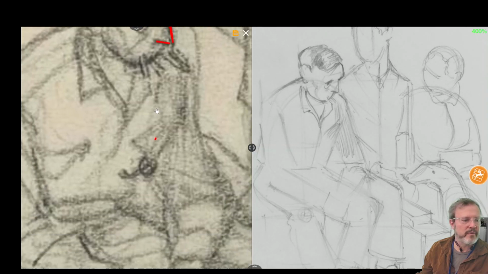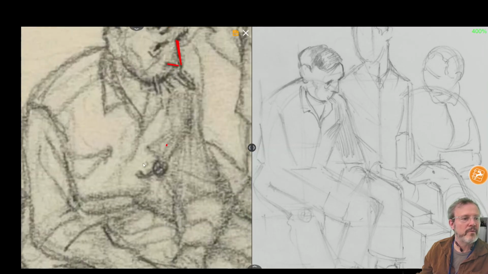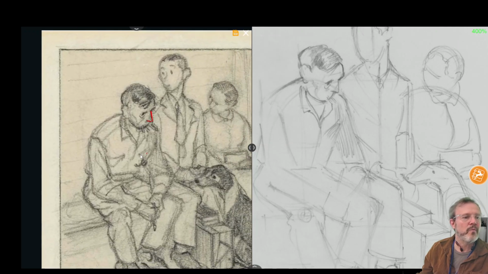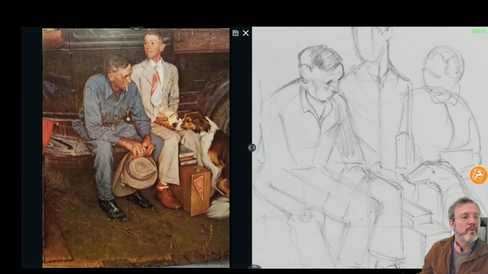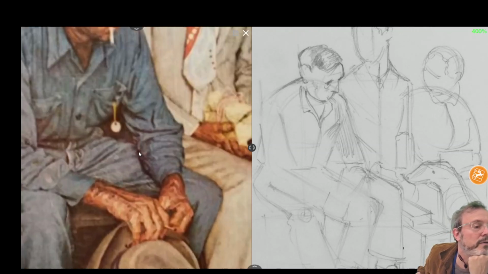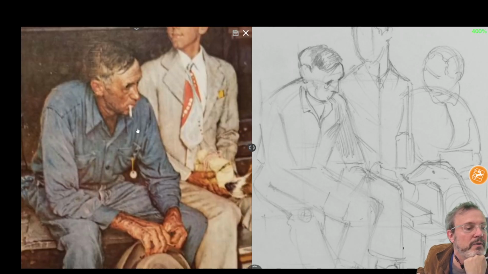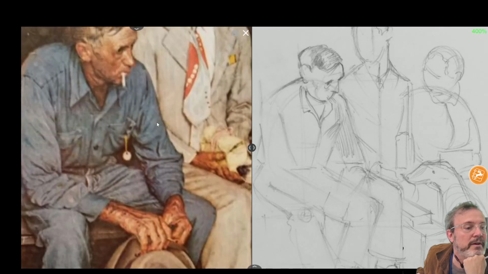I don't remember what that detail is. It's like a button on his... Let's take a look at the painting one more time and see. It's like a tag. Yeah, he's got a luggage tag or something.